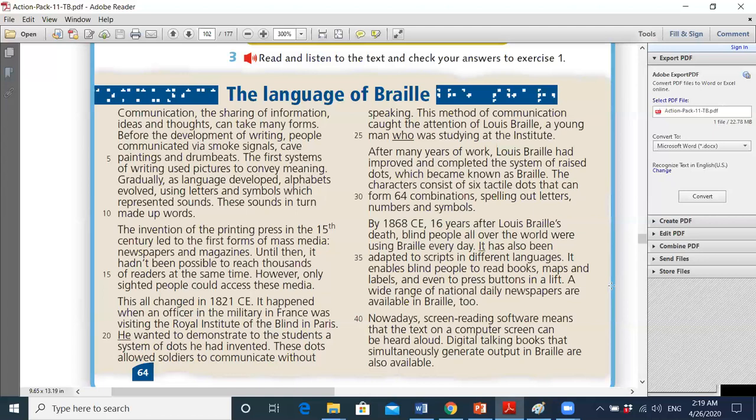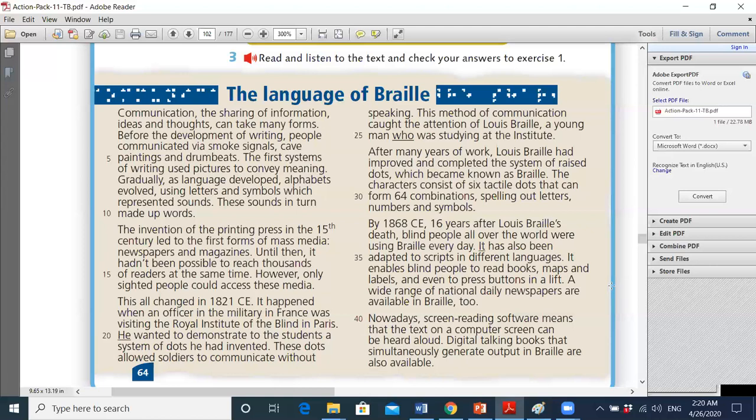You know that the adjective related to vision or to seeing is visual, and the adjective related to the sense of hearing is auditory, and the adjective that is related to the sense of touch is tactile. So these dots can be touched, you can feel them with your hands. And they are made of 6 different styles of dots, and these characters can form 64 combinations, and they make up letters, numbers, and symbols.